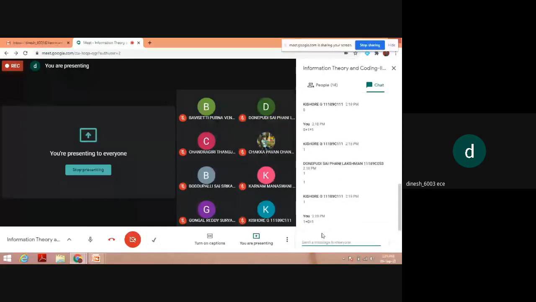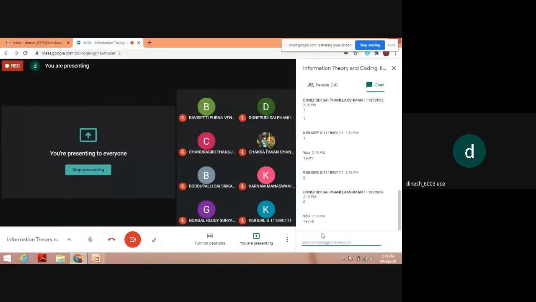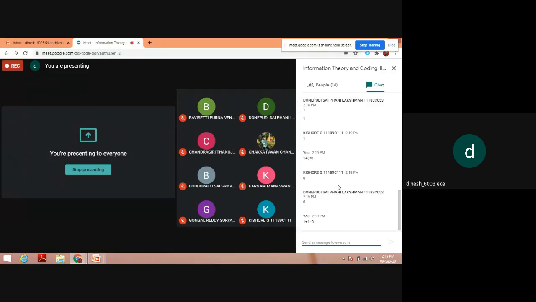And 1 plus 1 is equal to 0. You can check my answers. Anybody can check my answers. So modulo addition is using your XOR gate.